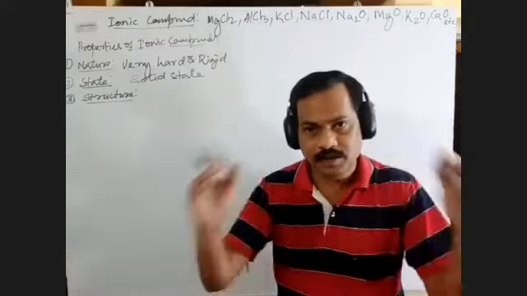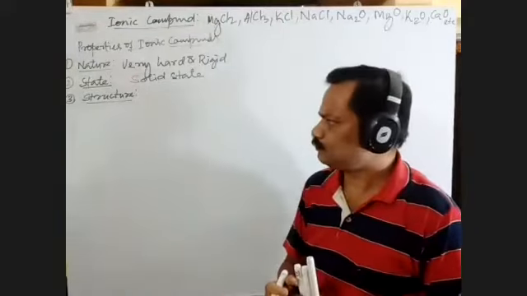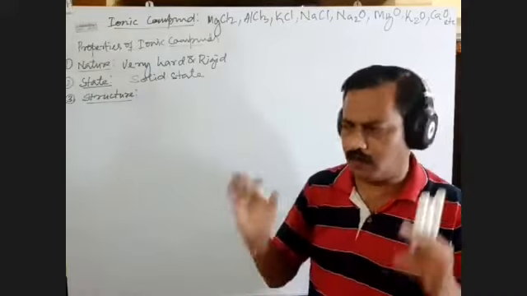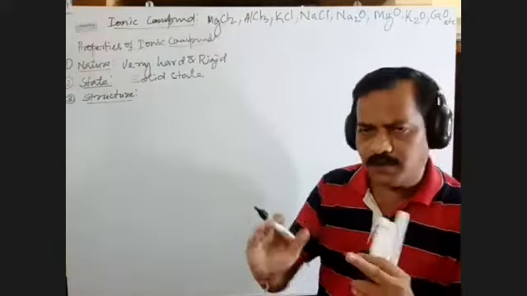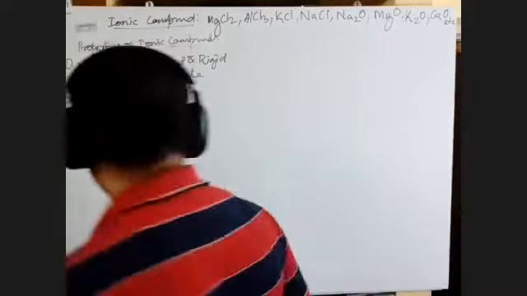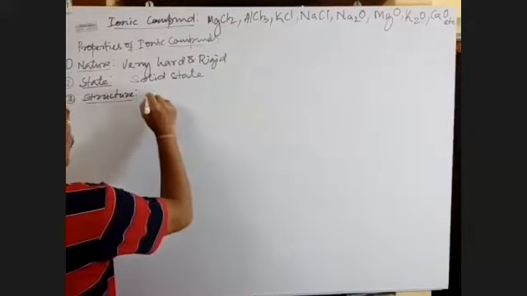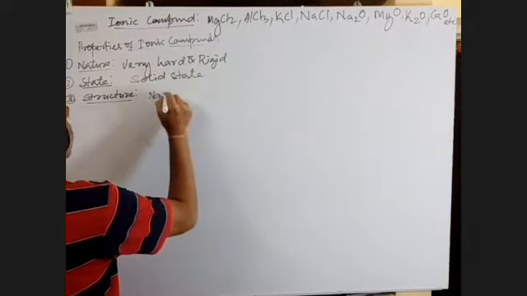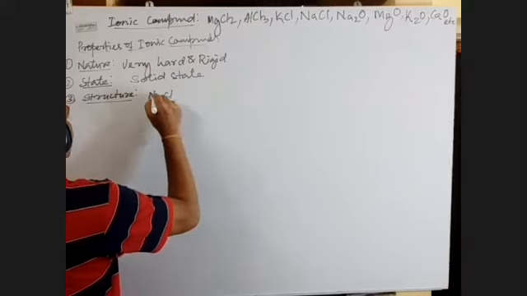A giant, very big. So all the ionic compounds are found in crystal form. One example I'm talking about here is NaCl. So how is NaCl found in nature?